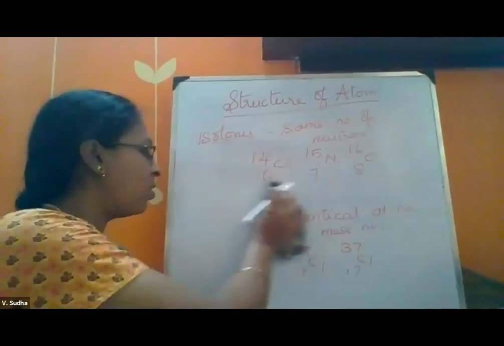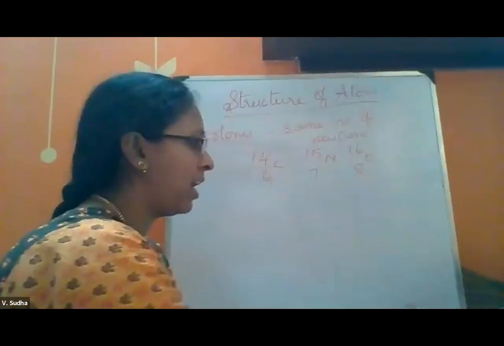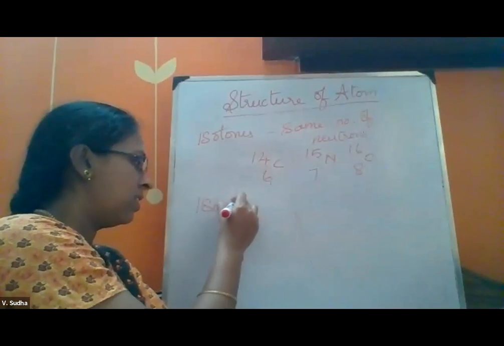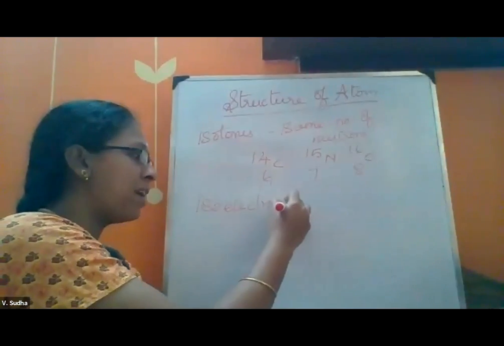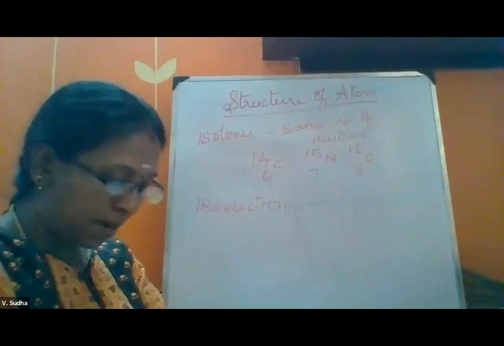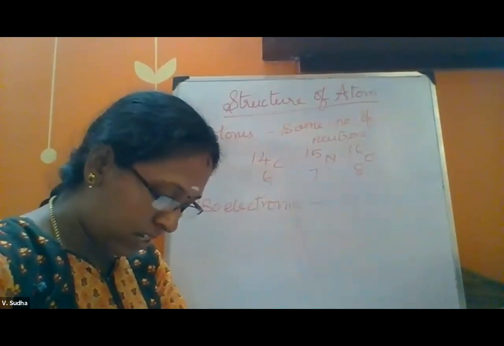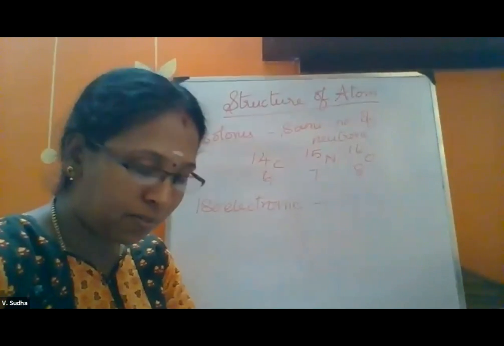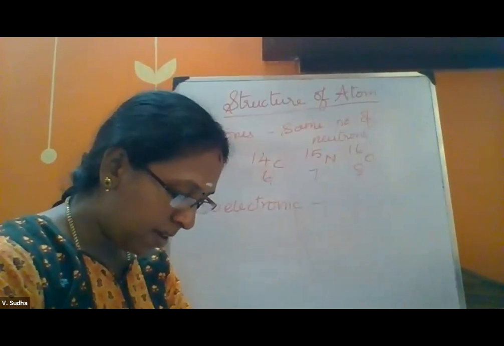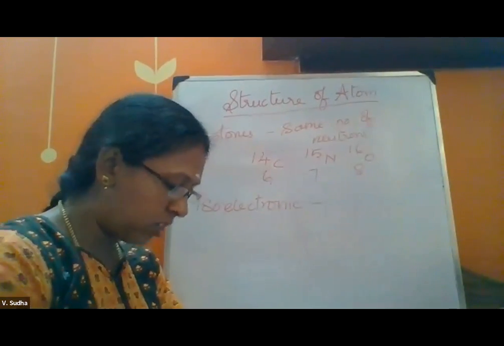The next one is isoelectronic. This we know very well. Same number of electrons: any species, ions or atoms, containing the same number of electrons.